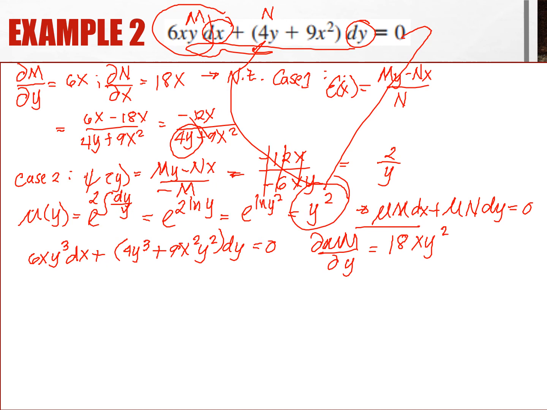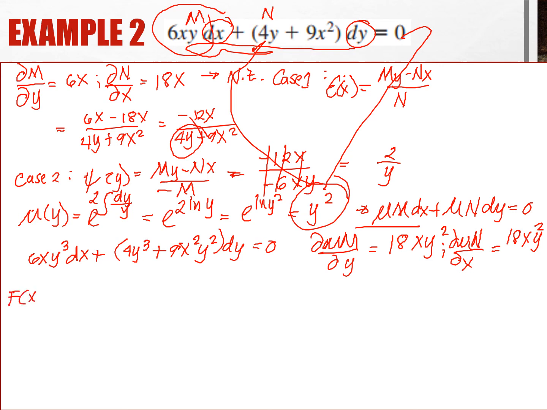On the other hand, the partial derivative of mu N with respect to x is equal to the same, 18x y squared. So now they are exact differential equation. So therefore, we find the solution for the problem.